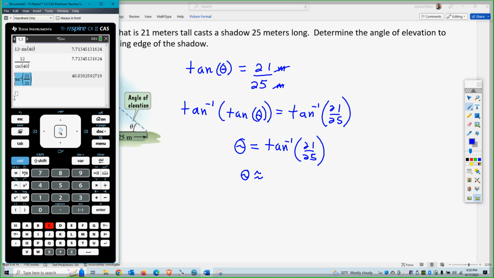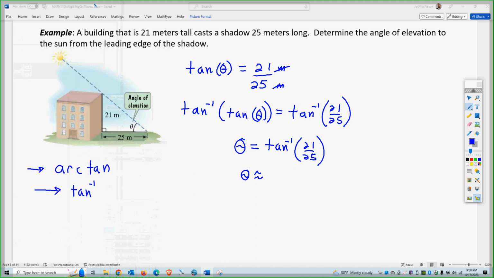If I change this to radians, then this is in radians, right? And you're like, well, there's no pi there. Well, it doesn't have to be in pi, right? Pi is 3.14, whatever, keeps going forever. If you convert to decimal form, it's just irrational, goes on forever. So depending on what you want, you have to set the calculator accordingly. So you have 40.03 degrees, which is close enough here for the missing angle.